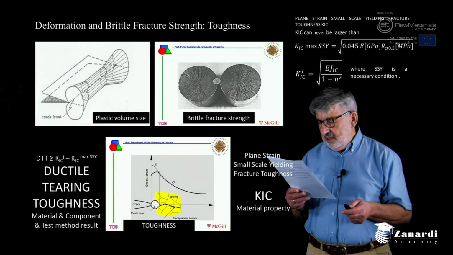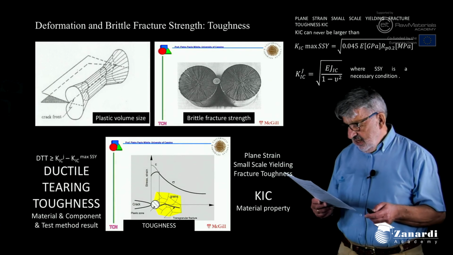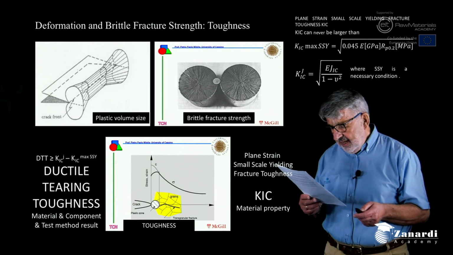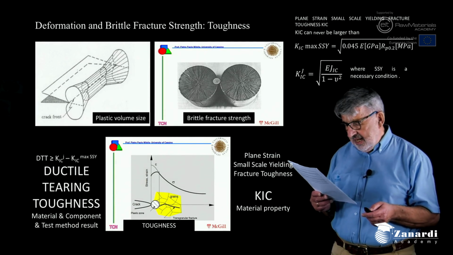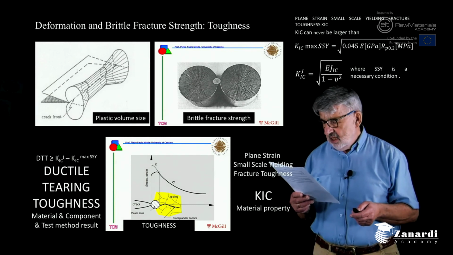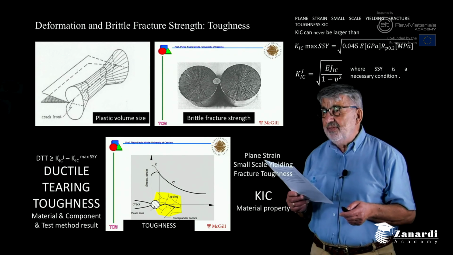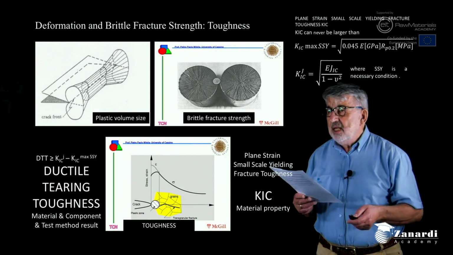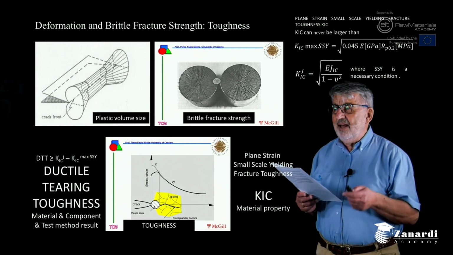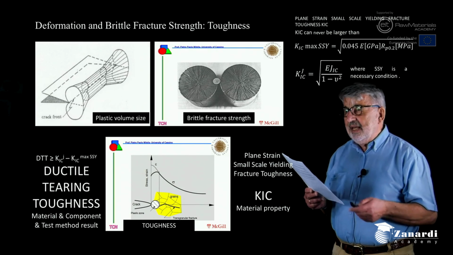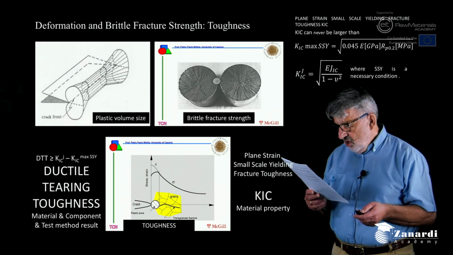The direct measurement of K1C is possible following ASTM E399 on CT specimens of acceptable thickness, say for instance 45 millimeters in our case of ductile iron.